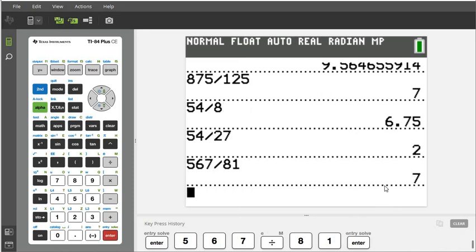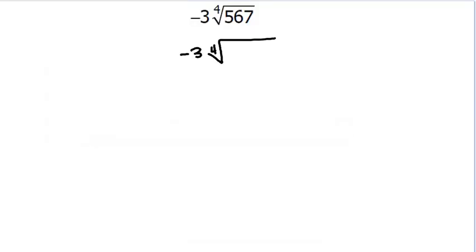And again, we get that nice little 7. So we have 81 times 7. So I have negative 3 times the fourth root of 81 is 3 times the fourth root of 7. So I have negative 3 times 3 is negative 9 fourth root of 7.